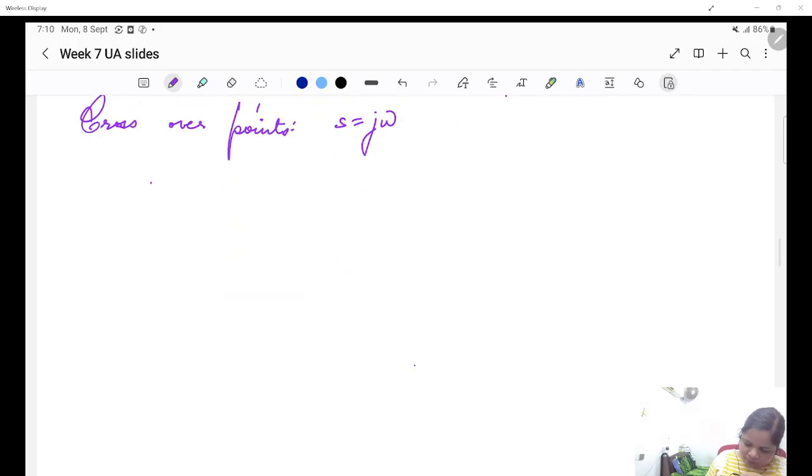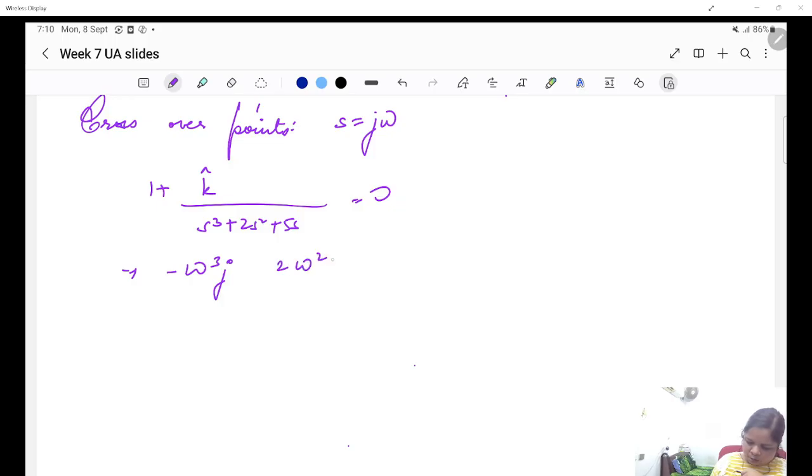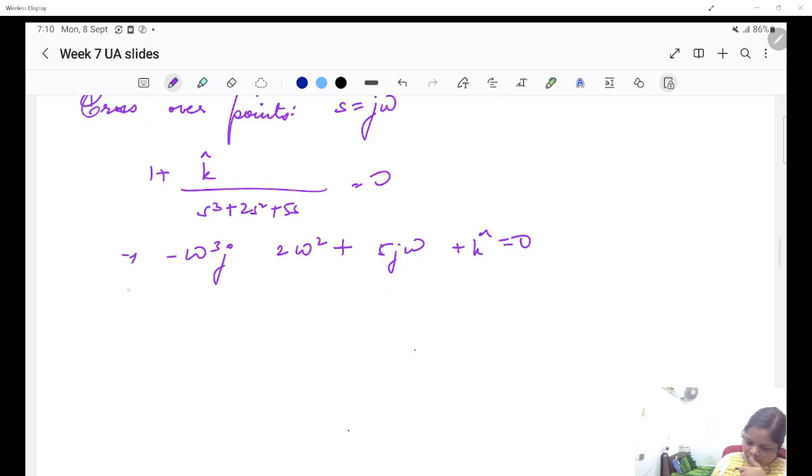So it would be 1 plus, let's assume some K hat, because we want to find out the value of K hat, or the value of S for which it is crossing. K hat upon S cube plus 2S square plus 5S is equal to 0. From here, let's substitute j omega: minus omega cube j minus 2 omega square plus 5j omega plus K hat equal to 0.